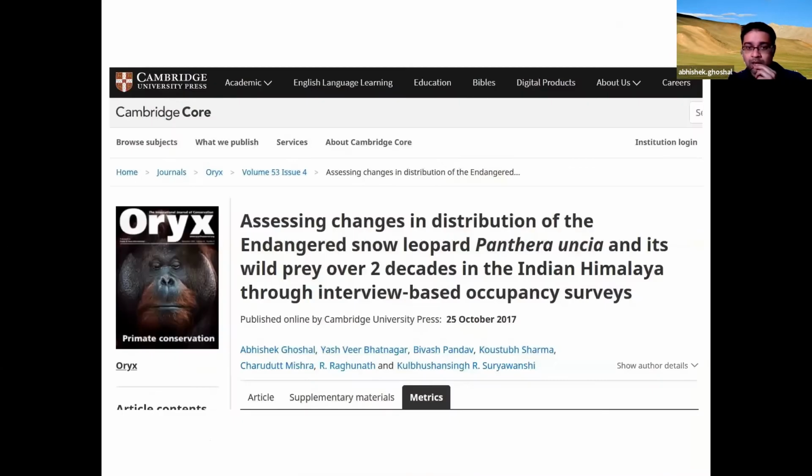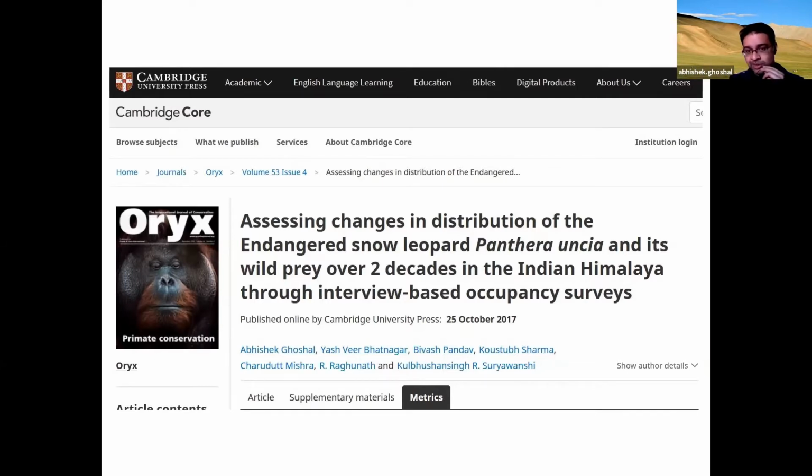So I want to emphasize that this sort of exercise, although we are not very used to it, we are much more used to the conventional, field-based approach of collecting data based on science or direct sightings.